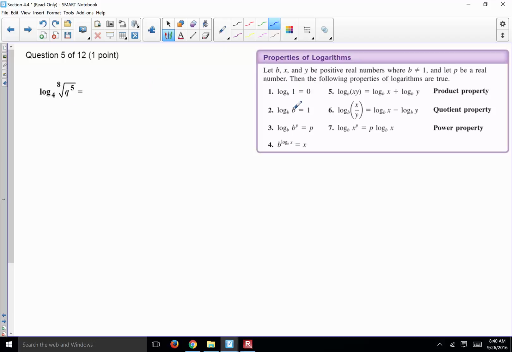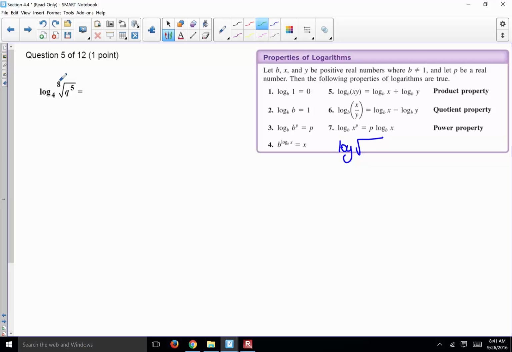Do you have any rule here that resolves any questions with radicals, square root, 8th root? I'm looking for a rule that can answer a question for a square root, 8th root here. Anything with a radical? No. That means you guys need to do something about that radical. We can't move it. We can't answer it like this.